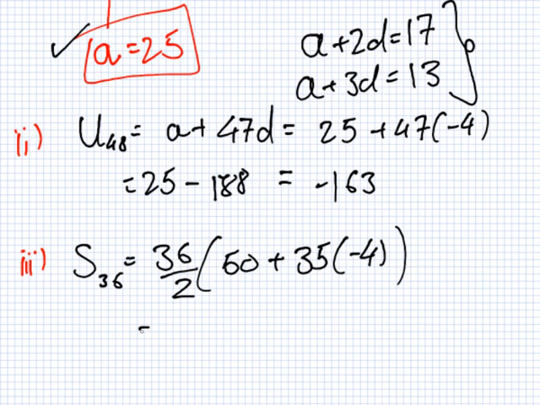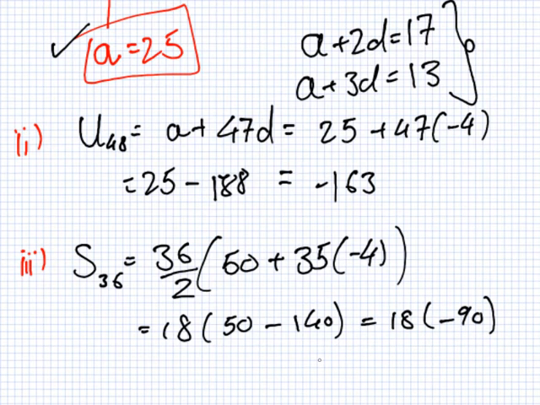So what's that? That's 18 times 50 minus 140, which is 18 times minus 90. Is that right? Minus 1620. Okay. Just using the formula. Nothing special there at all.